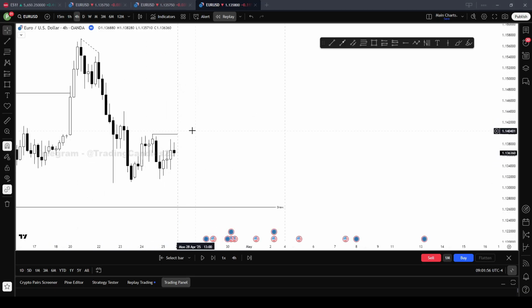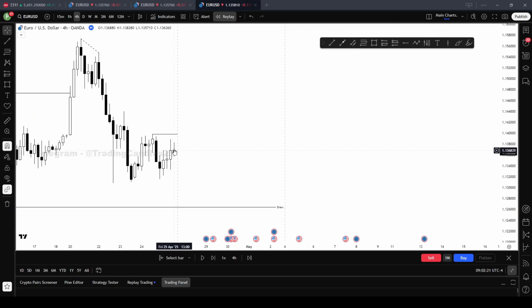Now let me break down this 4-hour time frame price action for you here, and let me show you exactly how you could have traded it, navigated it, and what the valid trading opportunities were throughout the week. So first of all, on Monday, price was stuck inside this range, and above this range high, we had the daily fair value gap and the daily key level, and my plan for Monday was clear.